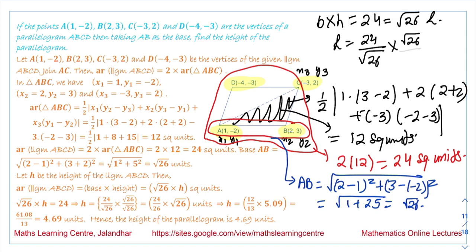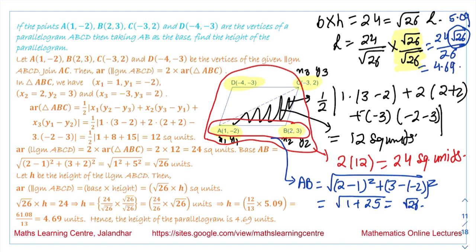So we multiply and divide by root 26 to rationalize this. The answer we will get is 24 root 26 by 26. The value of root 26 we have to calculate comes out to be 5.09, and the final answer you will get is 4.69.